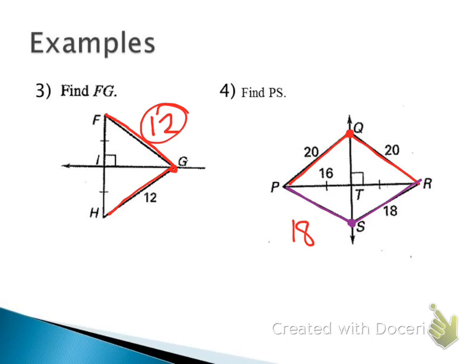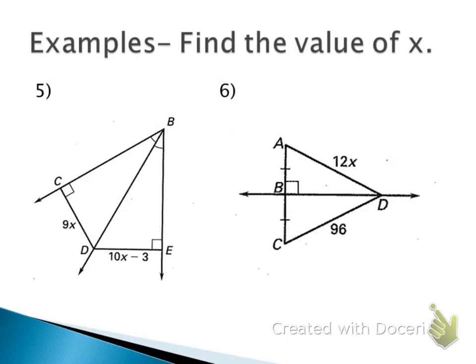All right, I want to look at these next two just on the board. You don't need to write these in your notes. You can just put your pens down and relax for a second. Number 5, we have an angle bisector, BD. And then I have this point on the angle bisector, D. And then it goes to point C and to point E. What do I know about those two segments?